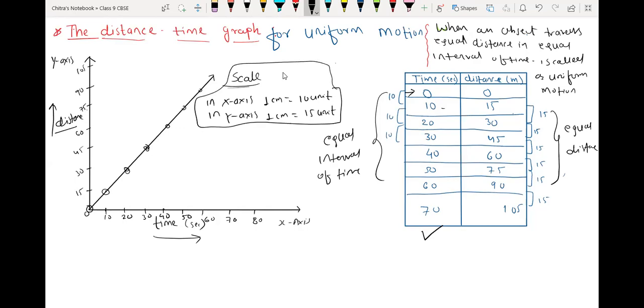Okay, so this is the distance time graph. Let me write here: distance time graph for uniform motion.